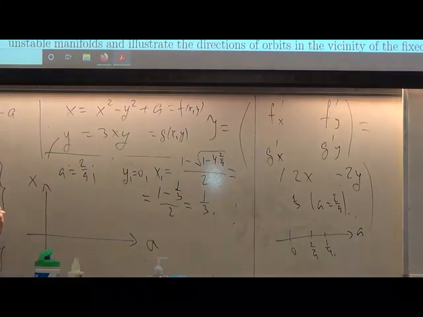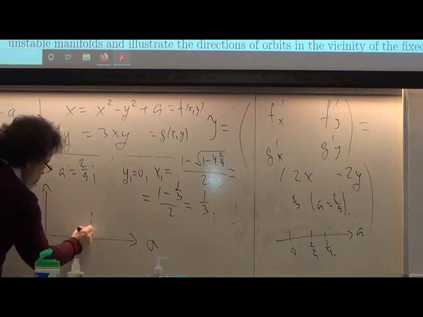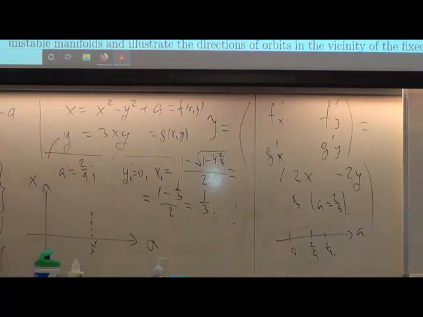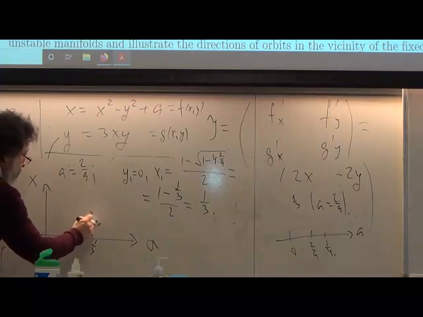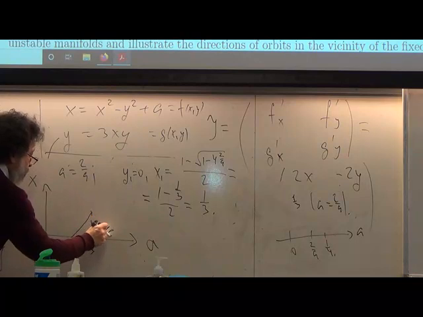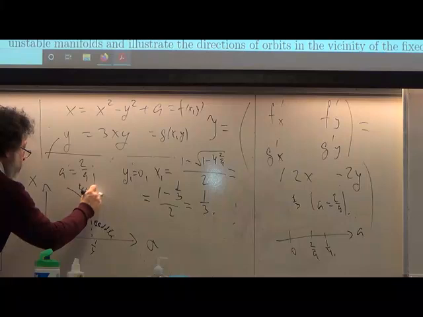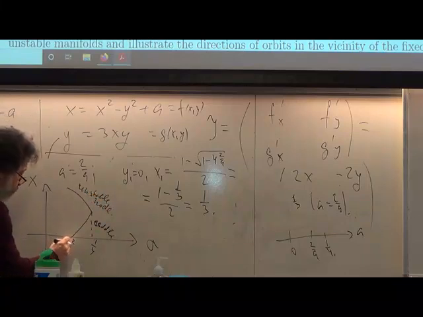Now what happens? So this guy was a saddle, and this is a saddle, and this was not unstable. So here we have 2/9.